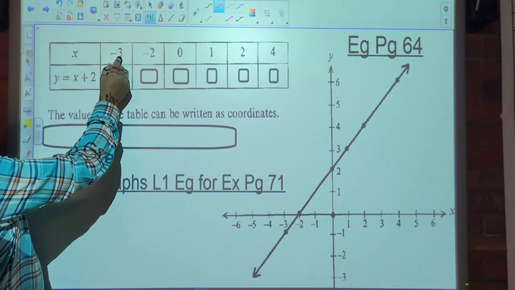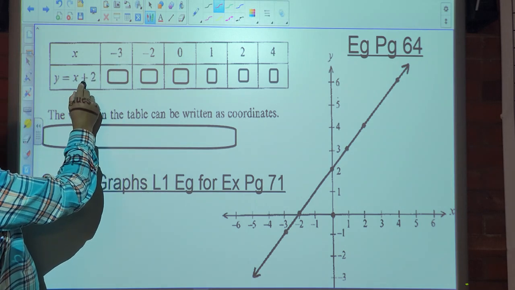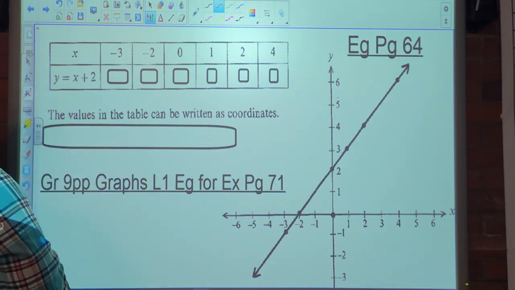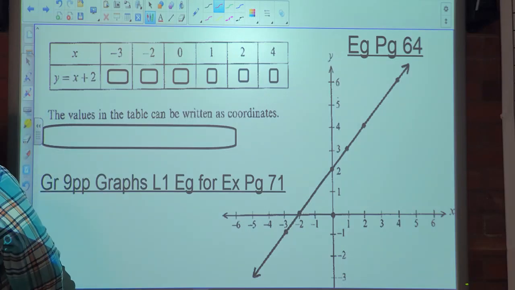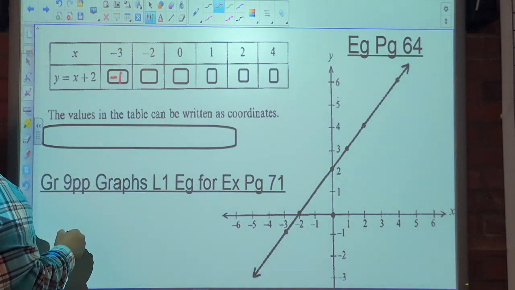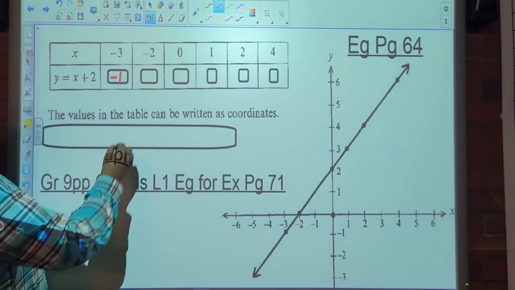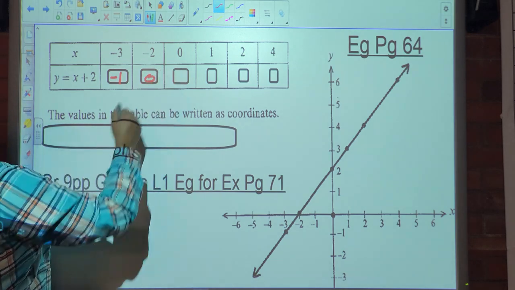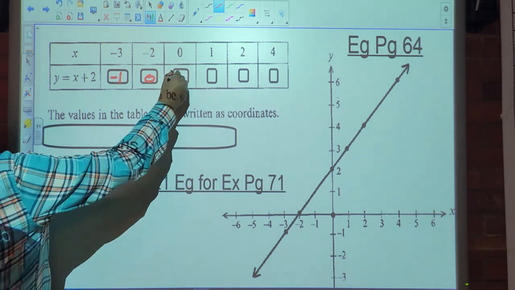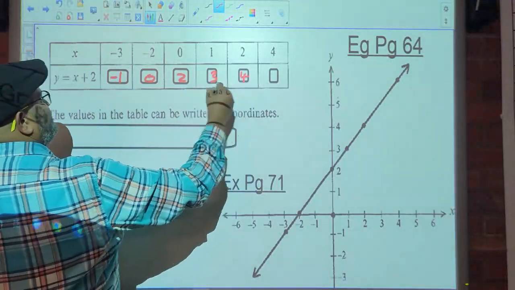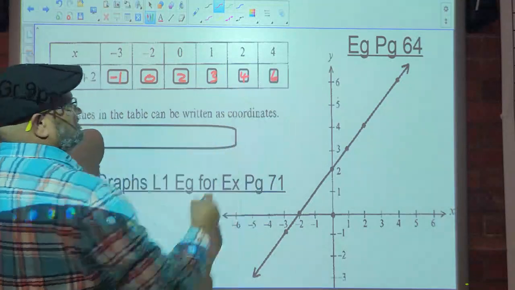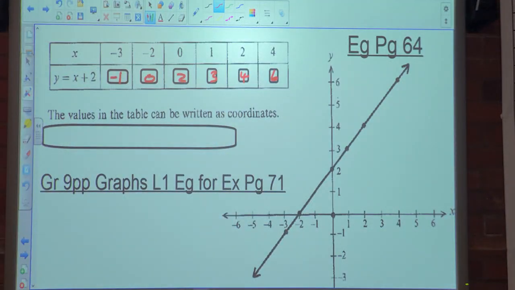So I put -3 into x here. What do I get? -3 plus 2. What's -3 plus 2? -1. So -1 goes there. What's -2 plus 2? 0. 0 and 2 gives 2. 1 and 2 gives 3. 2 and 2 gives 4. 4 and 2 gives 6. Do you all agree with that?